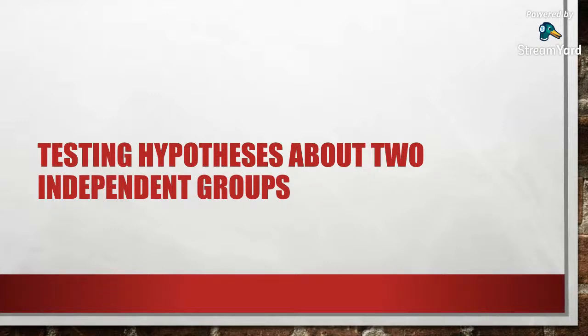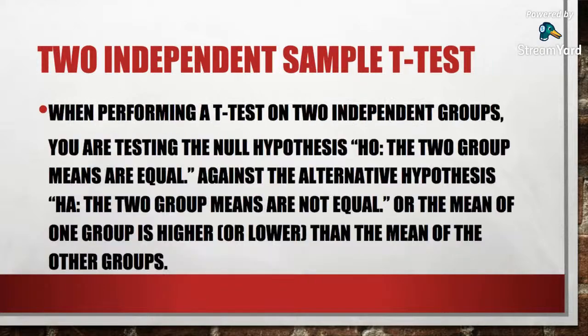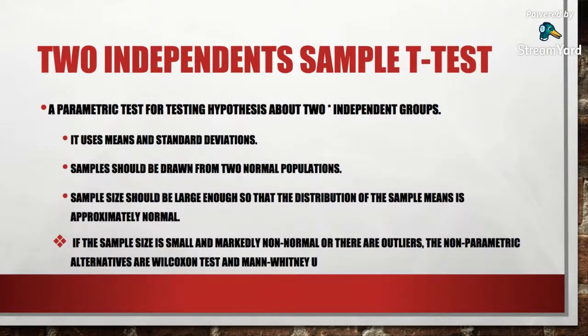So for hypothesis testing about two independent groups, okay? So we're going to look into a parametric test for testing hypothesis about two independent groups. Okay. When we talk about independent, okay, pag sinabi nating independent, the occurrence of one variable does not affect the occurrence of the other variable.